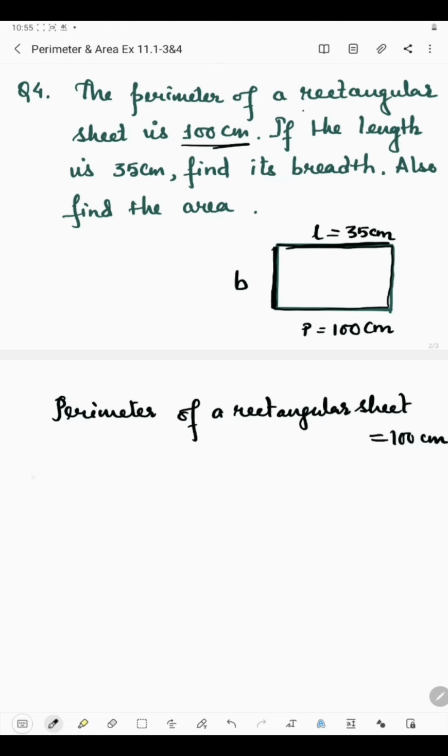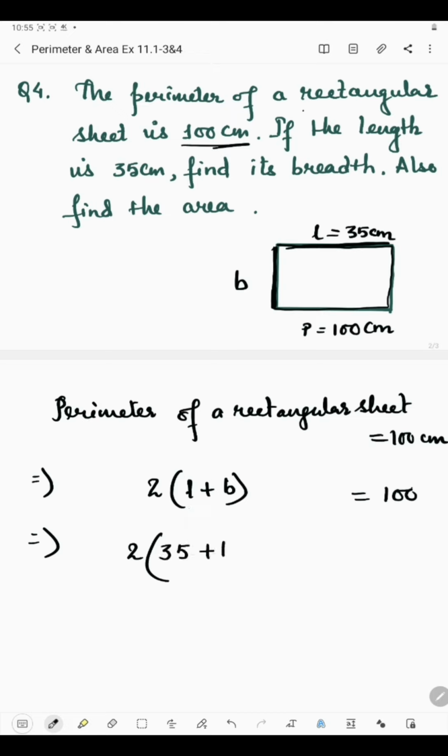So we'll just write the formula under the perimeter. So it's 2 into length plus breadth, which is equals to 100. 100 is the perimeter. Now here length is given, so all will remain same. Only in place of length, in place of L, we'll put 35 and rest everything will remain same.